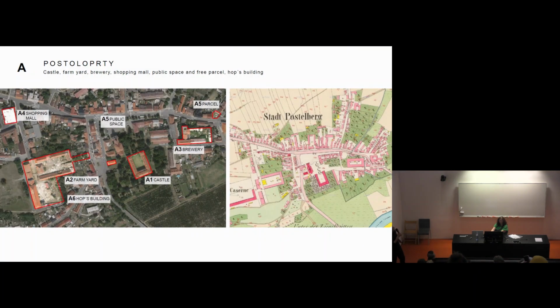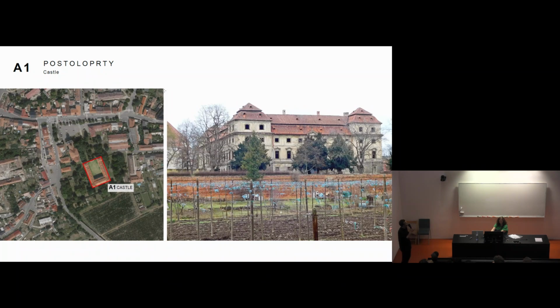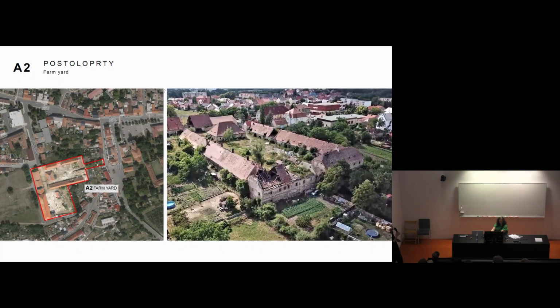And these are some topics that we'll be working on, connected with the castle, farmyards, old farmhouses, some empty plots in the center of the small town. I will shortly show you only the pictures of these monuments, mostly the castle from the Baroque time, the huge farmyard, everything abandoned and without use.